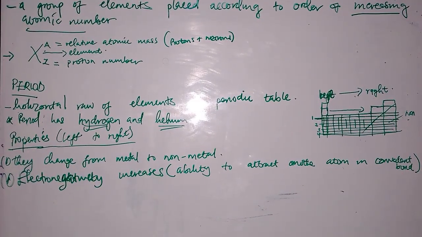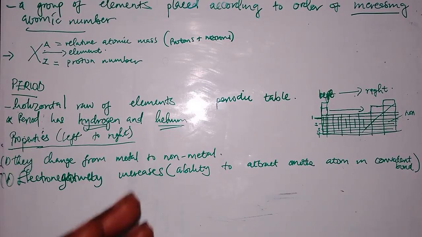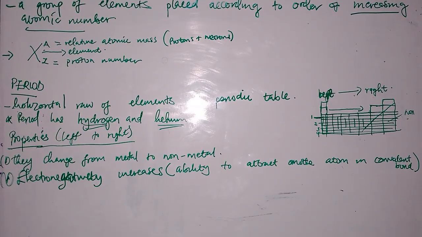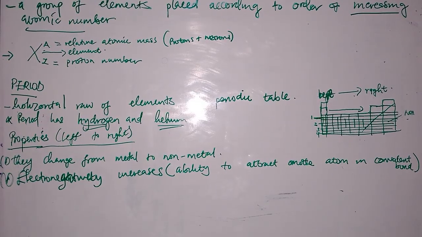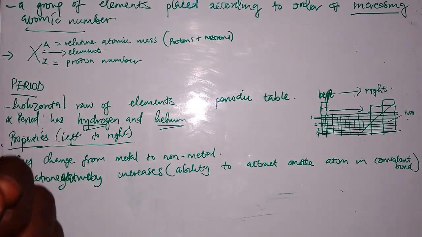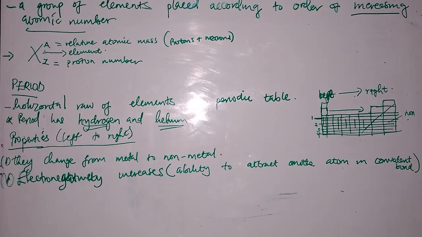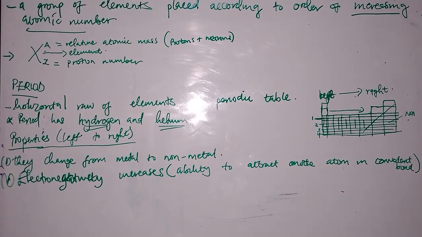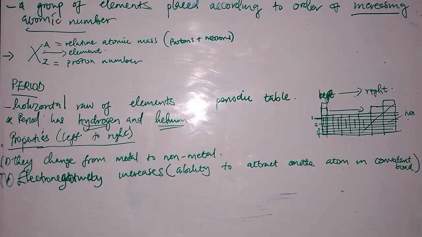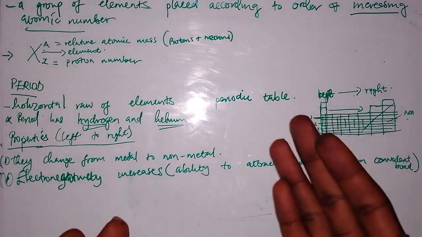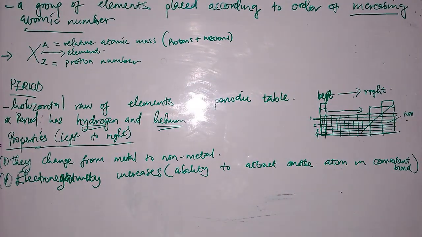Therefore, it would be common sense to know that the electronegativity will increase, because from this side the metals are becoming non-metals, and we said that covalent bond is a bond which is formed between what? Non-metals. So as we are moving this side to the right, it should increase, because we have a lot of non-metals.